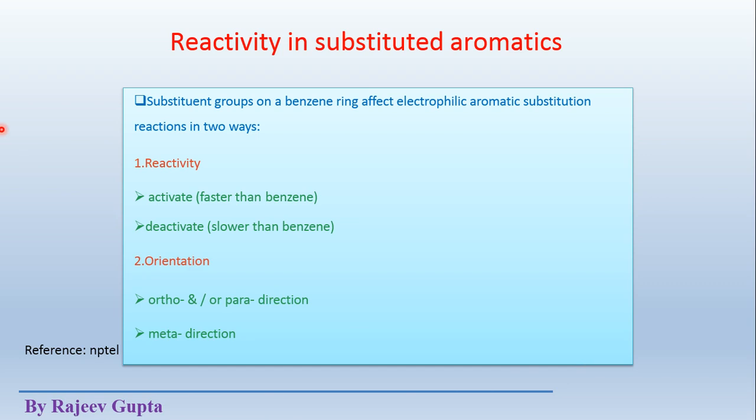Reactivity in substituted aromatics. If we consider only a pure benzene or a neat benzene, then there is no substituent present on that aromatic benzene, but if a substituent is already present on the aromatic ring, then that substituent decides on which side of the aromatic ring the further incoming electrophile will attach.